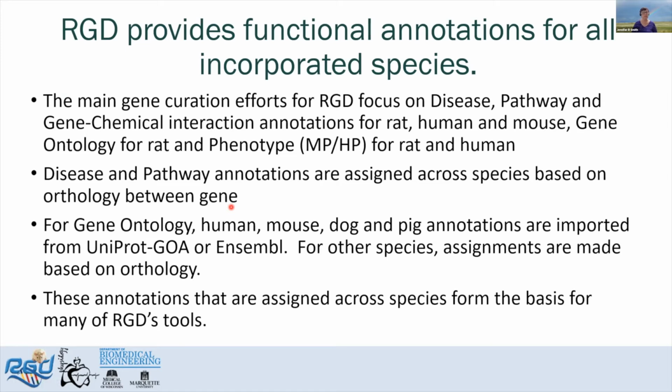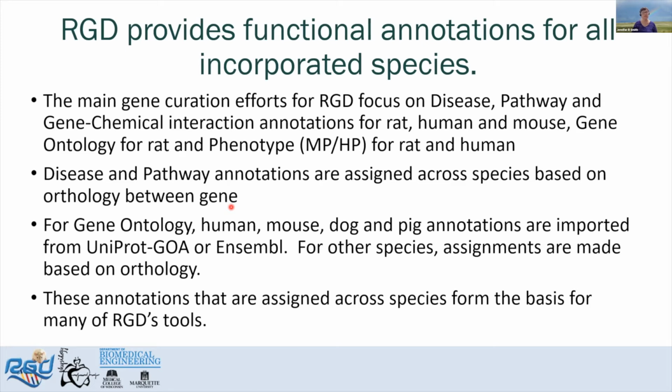The disease and pathway annotations are assigned across species based on orthology between genes. For the gene ontology, human, mouse, dog, and pig annotations are imported from UniProt GOA or Ensembl, and for other species, assignments are made based on orthology.